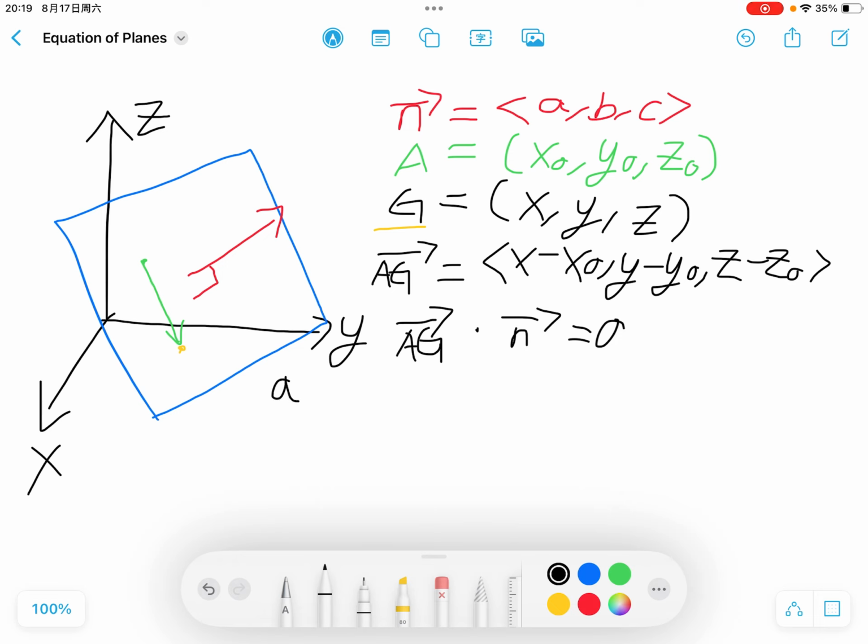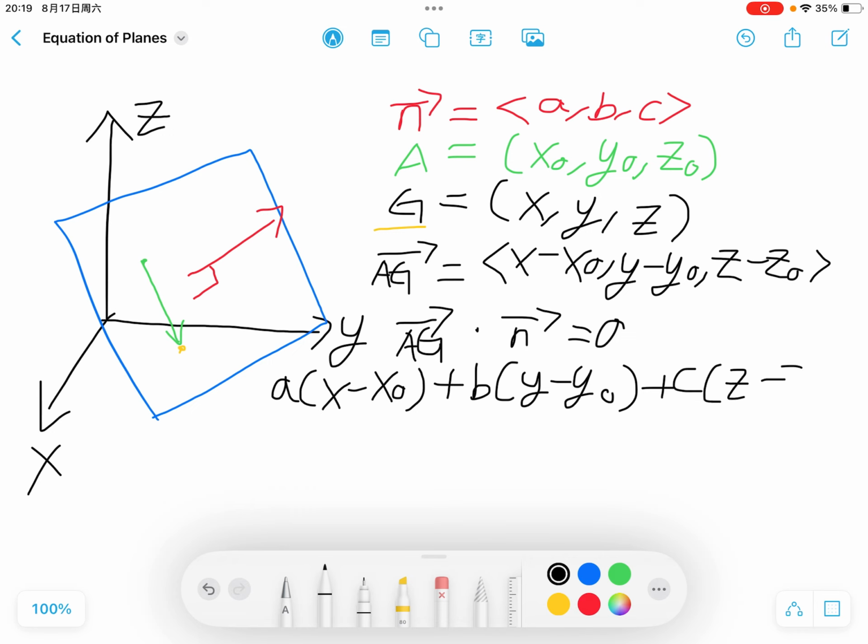Now what exactly is the dot product written out? Well, that's just a times x minus x sub 0, plus b times y minus y sub 0, plus c times z minus z sub 0. And that's supposed to equal 0.